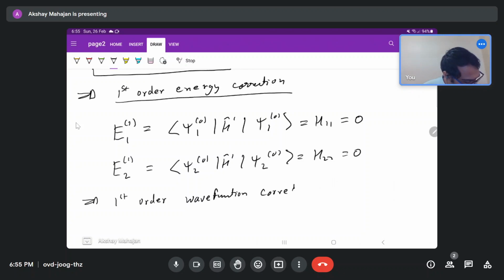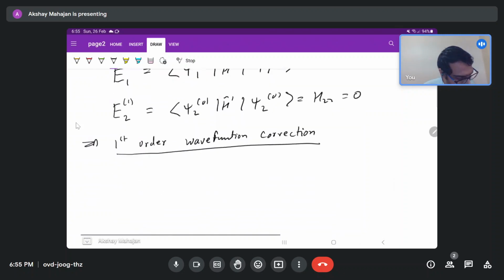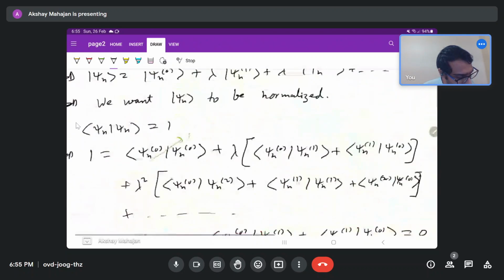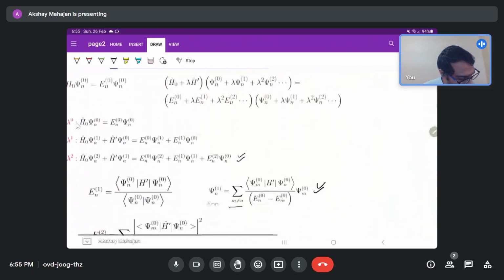Correction. And to find that, psi of the first order. Okay, we have this form again. We just have to use the formulas.